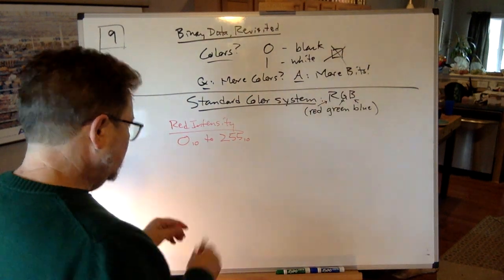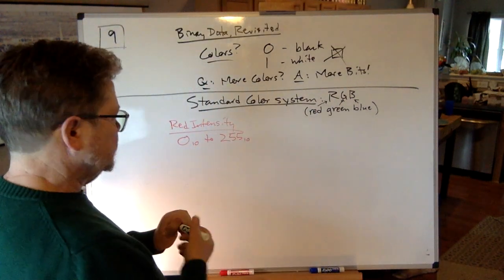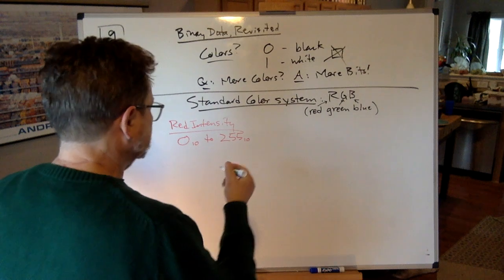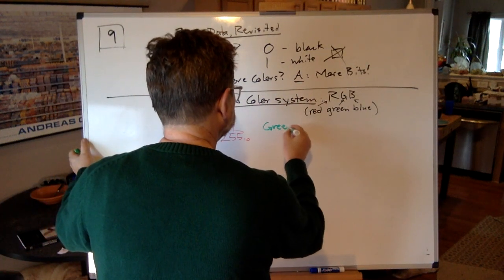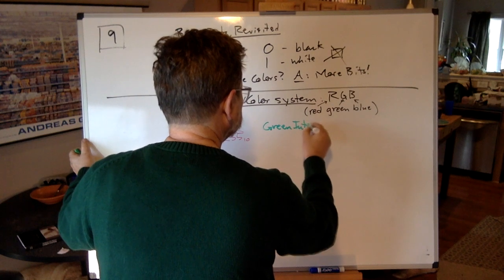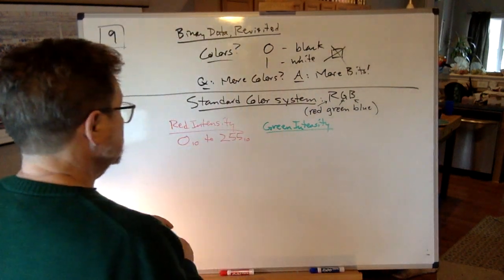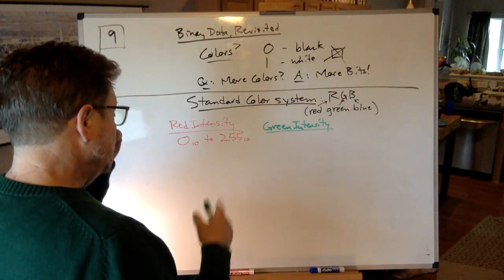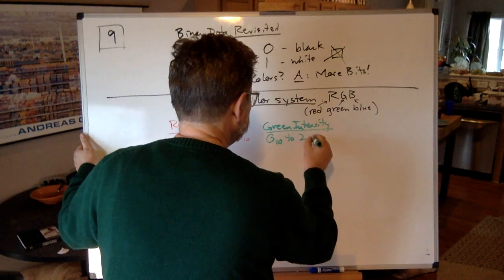Mental note. The green intensity, look what I did. I practiced. I put the markers up here in advance. Red was 0 to 255, but green is also 0 to 255.